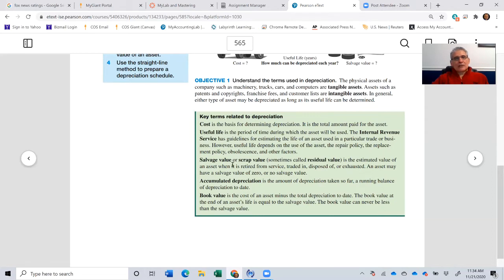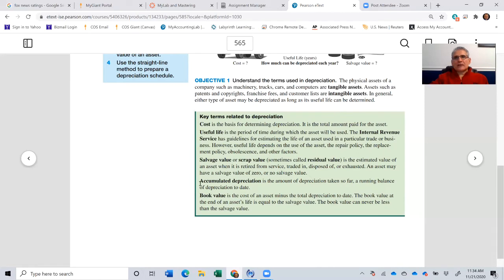A salvage value or scrap value, sometimes referred to as a residual value, is the estimated value of an asset when it's retired from service. The easiest way to describe it is that if you purchase a vehicle today, let's say you pay $20,000 for it, and you plan on using it for 5 years, you have to estimate in 5 years what is the value of that vehicle.